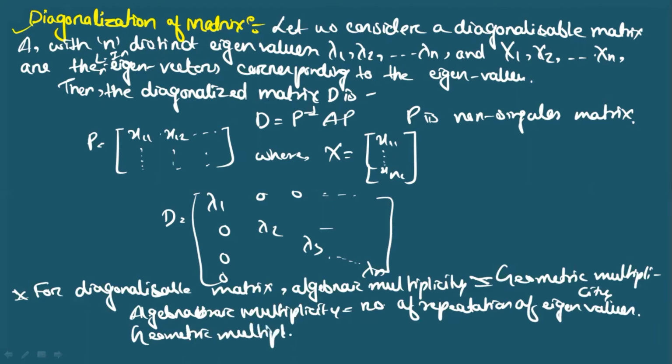And what is geometric multiplicity? Geometric multiplicity is equal to the number of linearly independent eigenvectors corresponding to lambda. Algebraic multiplicity is the number of repetitions of eigenvalues.